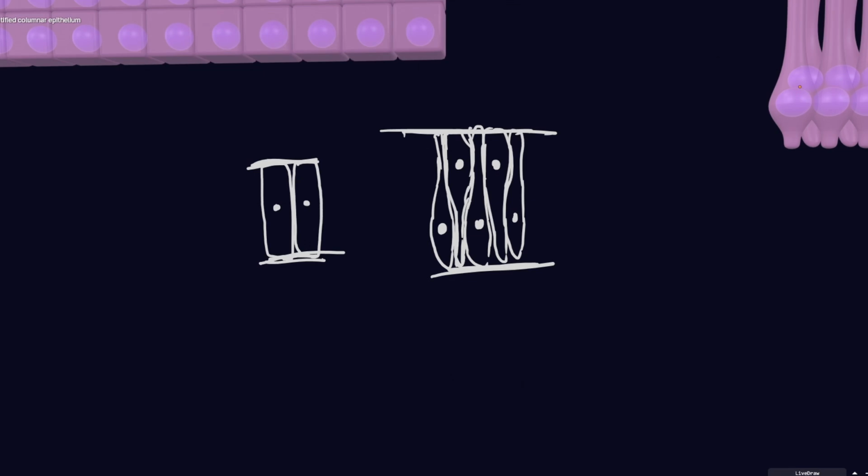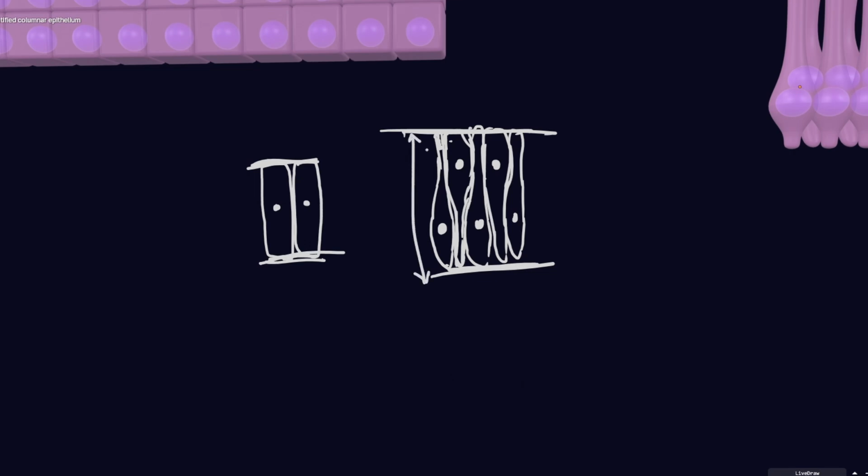This is the first cell, its cell membrane also touching the cellular process or cellular membrane, basically touching here at the top, this one also touching, and bottom as well. So basically they are lengthwise, they extend from top to bottom.